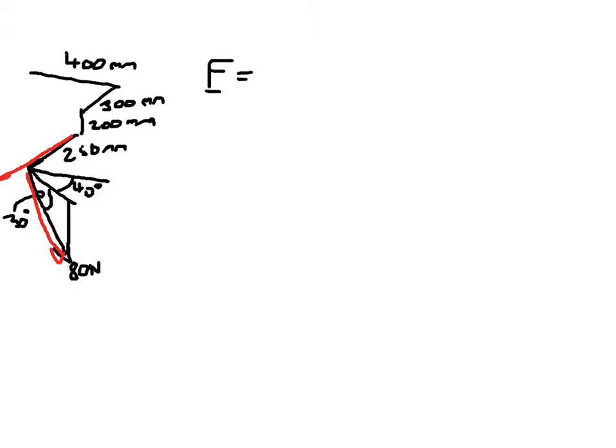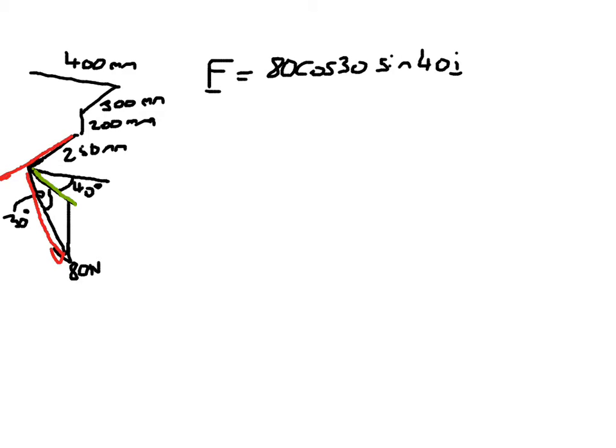To find the X component, we're going to have to do some intermediate steps. We're going to have to raise that 80 newtons into this plane, and then resolve it along the red line, the x-axis. So to raise the 80 newtons onto that green line, we're going to have to do 80 cosine 30, and to then turn the green line so that it's along the new red line, along the 250mm bar, we're then also going to have to do sine 40 to make it in the I direction.